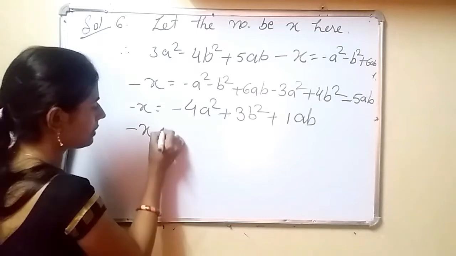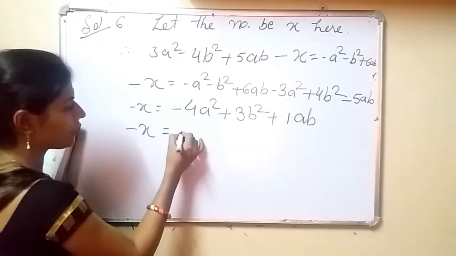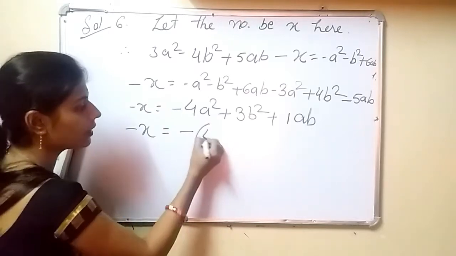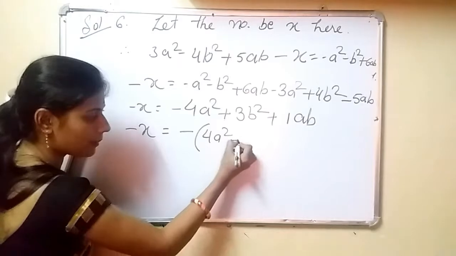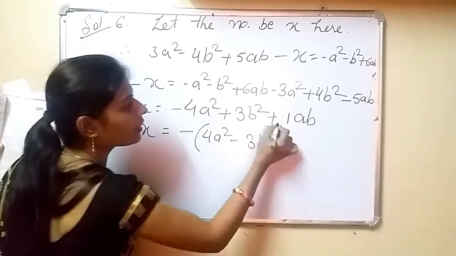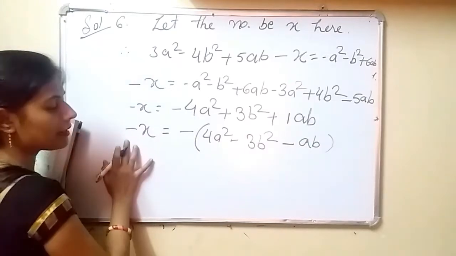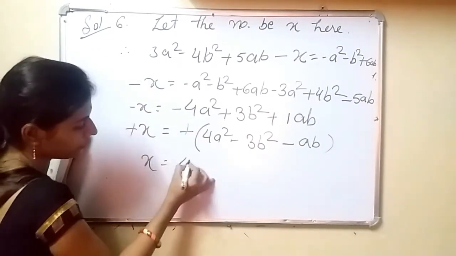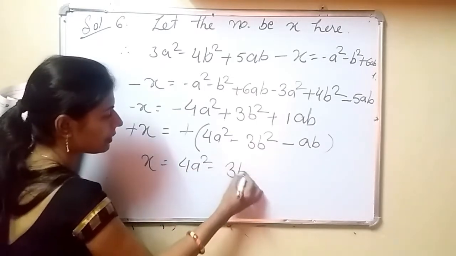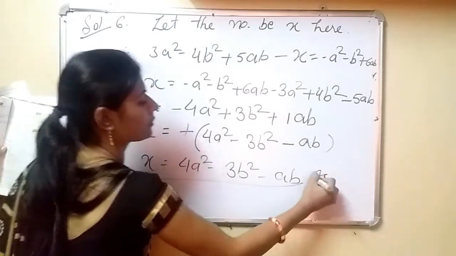Minus is given on both sides, so take the minus common and divide it. So x is equal to 4a square minus 3b square minus ab is your answer.